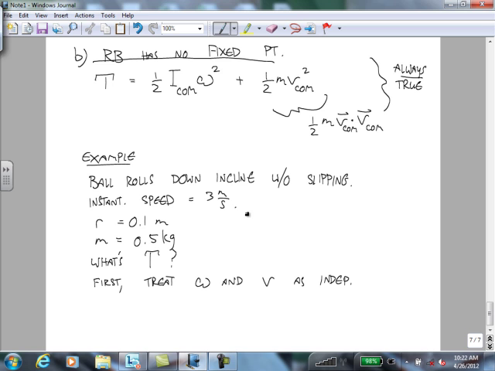But you know that they're not independent if it's rolling without slipping, right? So at that point, you can deal with the constraint equation. But we can start by saying, okay, it's going to have a speed, it's going to have an angular velocity. We can deal with both of those, and worry about the constraint equation later. That's the way I would always recommend approaching these. So in this case, is there a fixed point or not? It's rolling freely, right? So no fixed point.